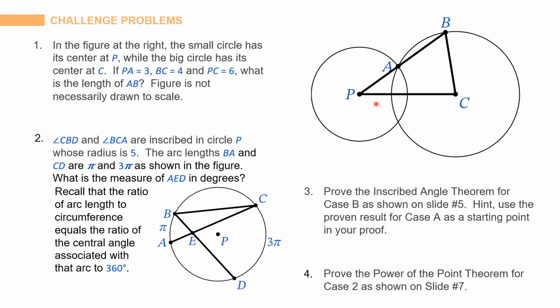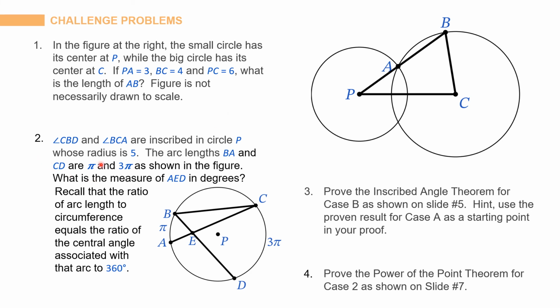Okay, in the figure at the right, the small circle has its center at P, while the big circle has its center at C. If PA equals 3, and BC equals 4, and PC equals 6, what is the length of AB? The figure is not exactly drawn to scale. 2.